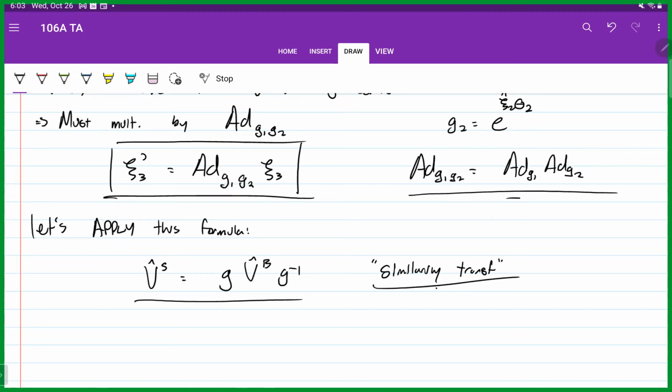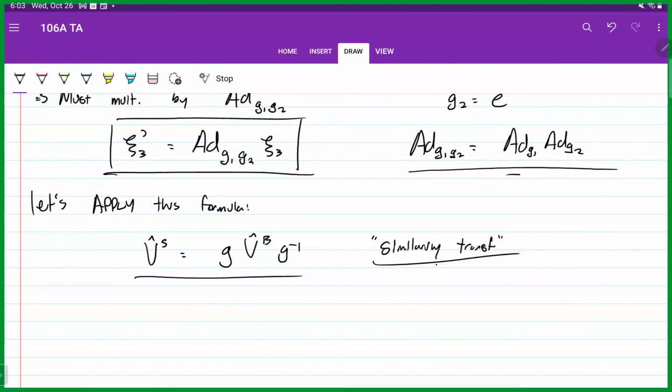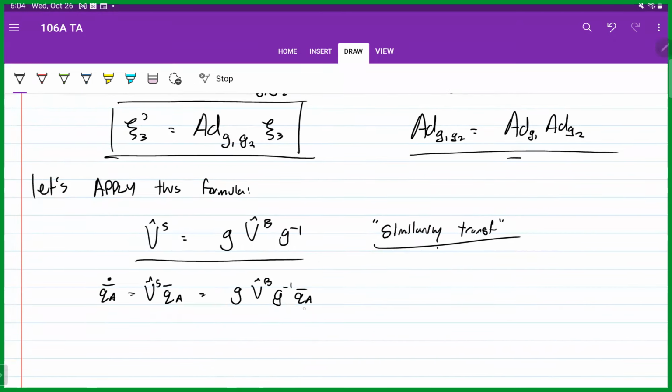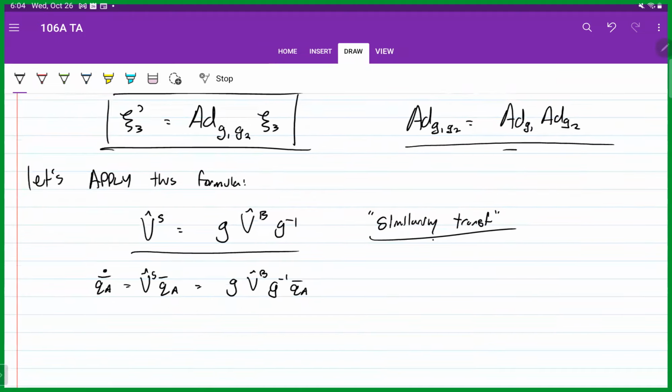So our general idea here is that we want to feed into VS a point in homogeneous coordinates in frame A. And what that's going to give us back is its derivative in homogeneous coordinates. So if we multiply both sides of this by that, we'll have G hat VB G inverse times QA bar. But we can't apply this QA to this VB directly, because VB will only take in points in the body frame. So first, we have to convert this QA into the body frame, and that's what G inverse does.